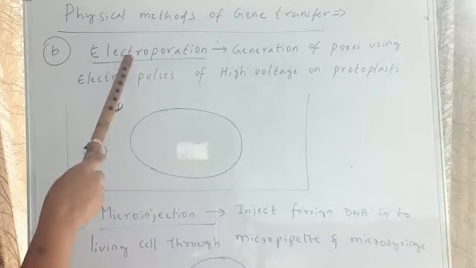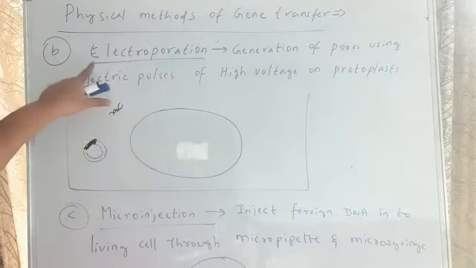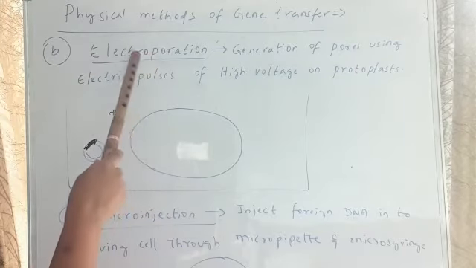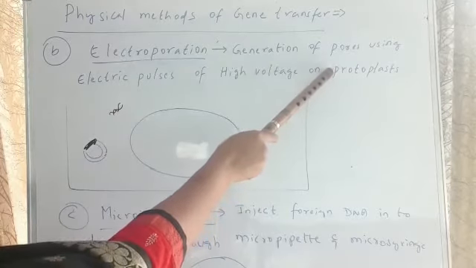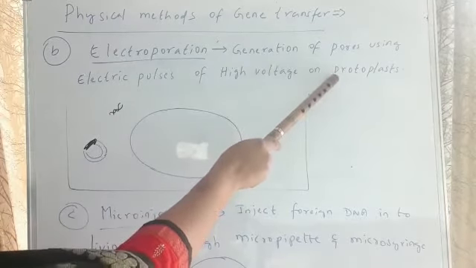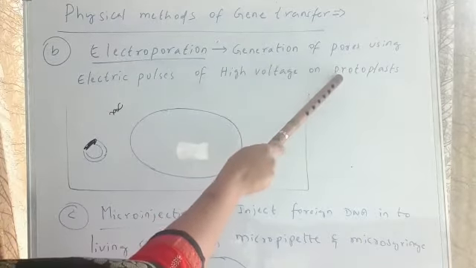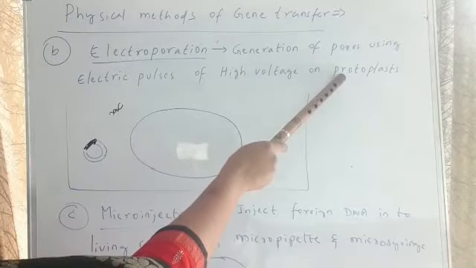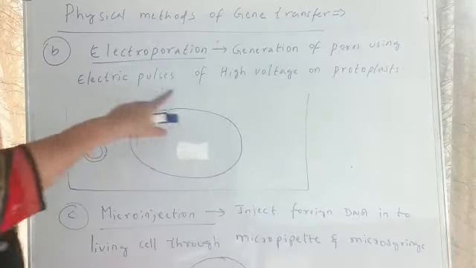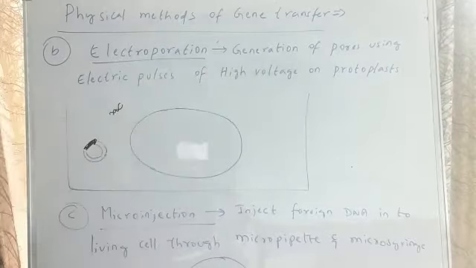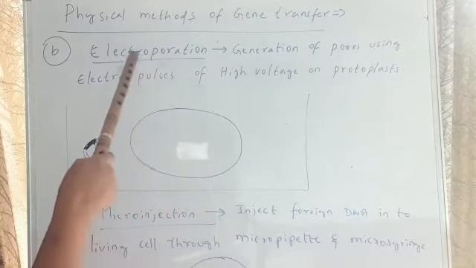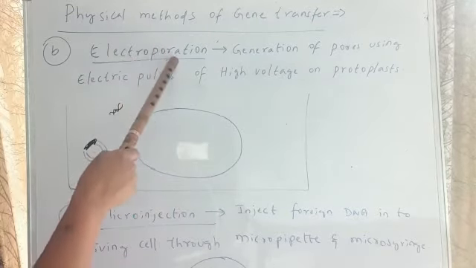Now the term electroporation means applying high voltage electric pulses on the protoplast. What are protoplasts? Protoplast means a cell without a cell wall. So when we apply high voltage electric pulses on the protoplast, holes are formed on the plasma membrane, and that is why this technique is known as electroporation.